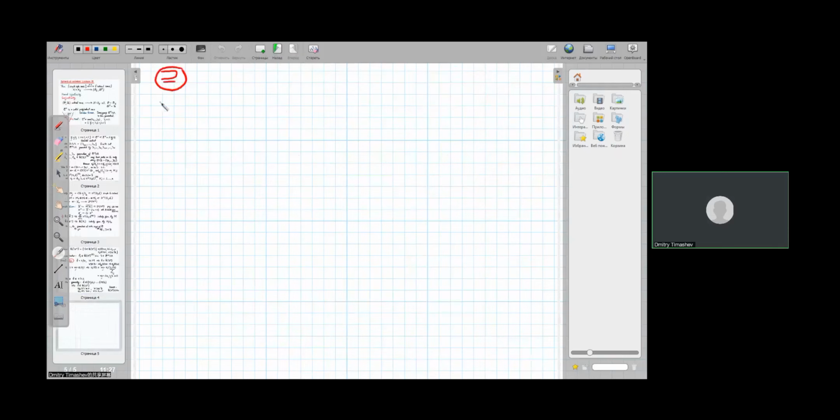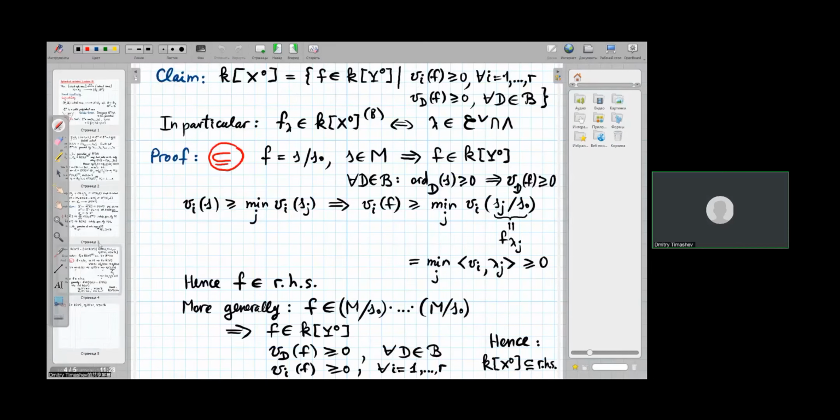So we have this function f, which is regular on Y_0, on the open B-orbit, and also it has no poles along colors in this subset B. This is this condition.